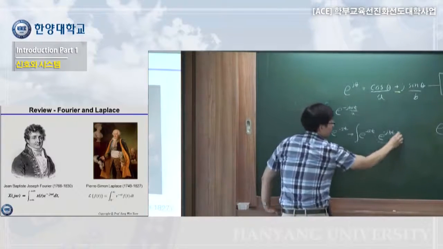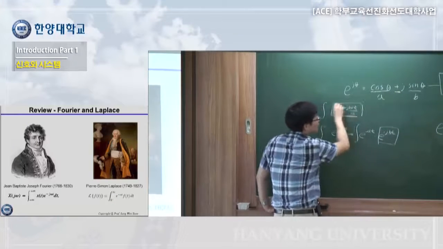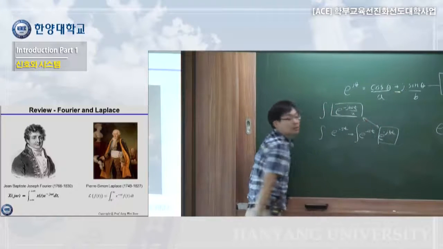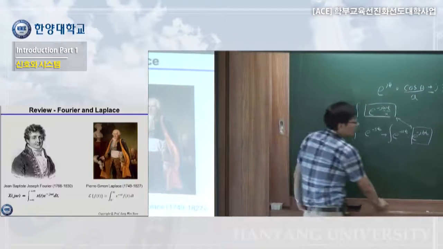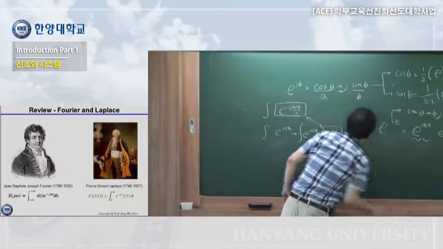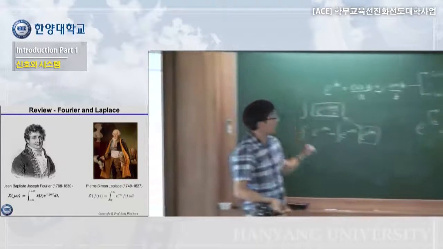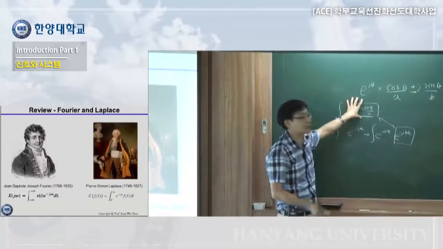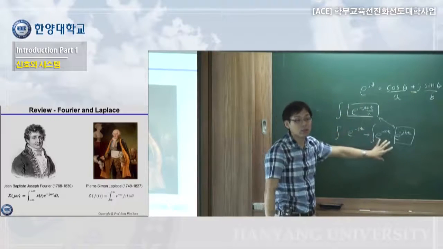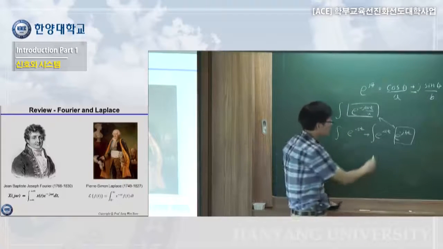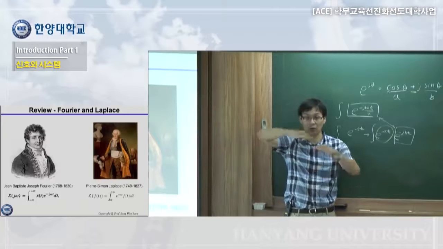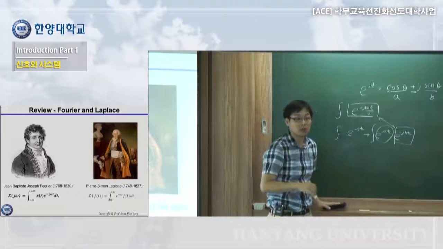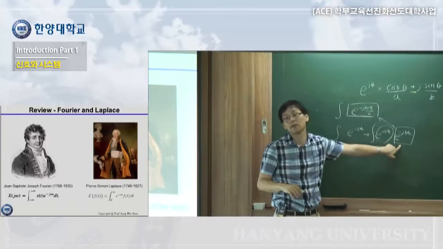And then this and this are very similar, right? So we can think of the Laplace transform as some scale factor, how the amplitude changes, times the Fourier transform. You can think in this way.